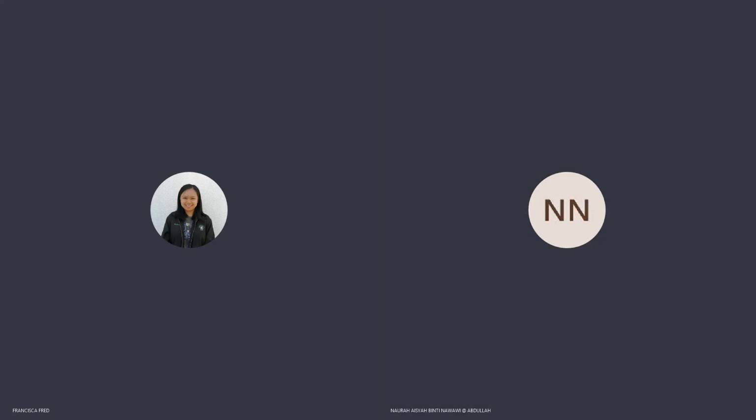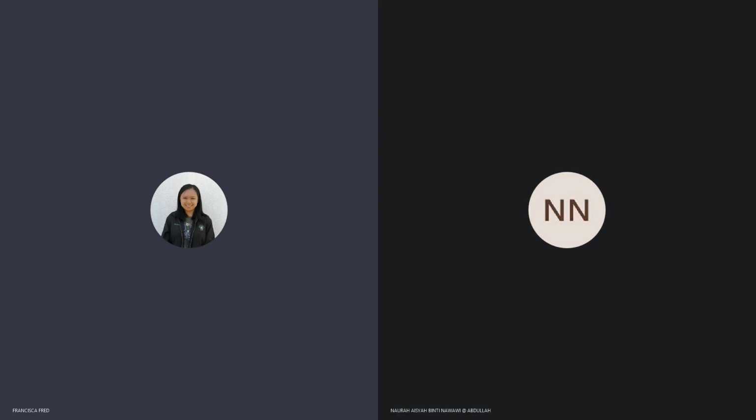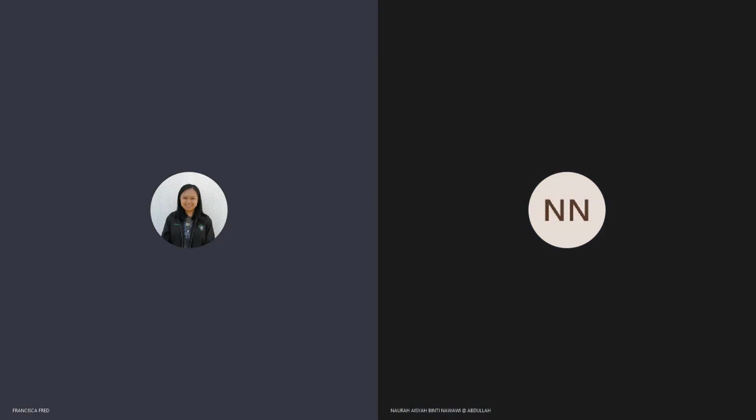So now we have to continue with this. Yes, because it is the same element, which is oxygen, and it has the same proton number, kan? Proton number. Yes. A different neutron number.